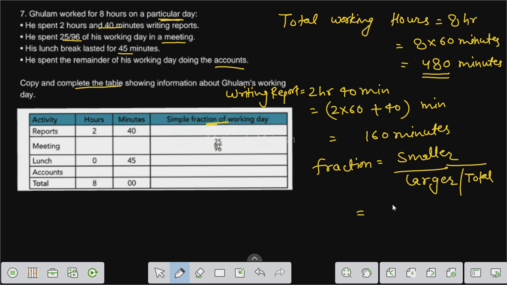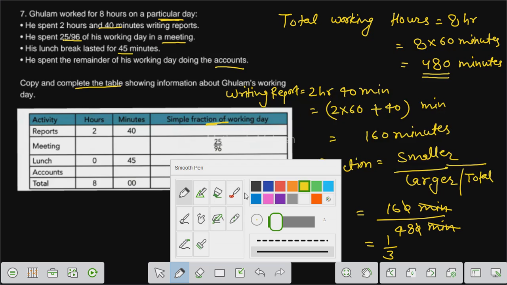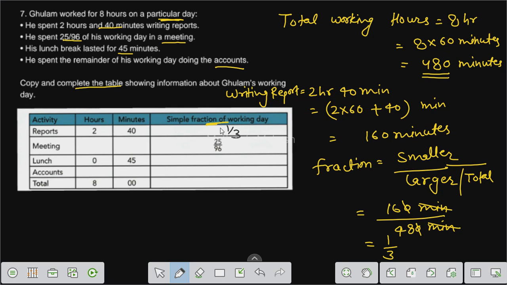So writing report is 160 minutes, and total working time is 480 minutes. We can cancel this one and this one. 16 upon 48 is 1 upon 3. So the fraction is 1 upon 3. Okay.